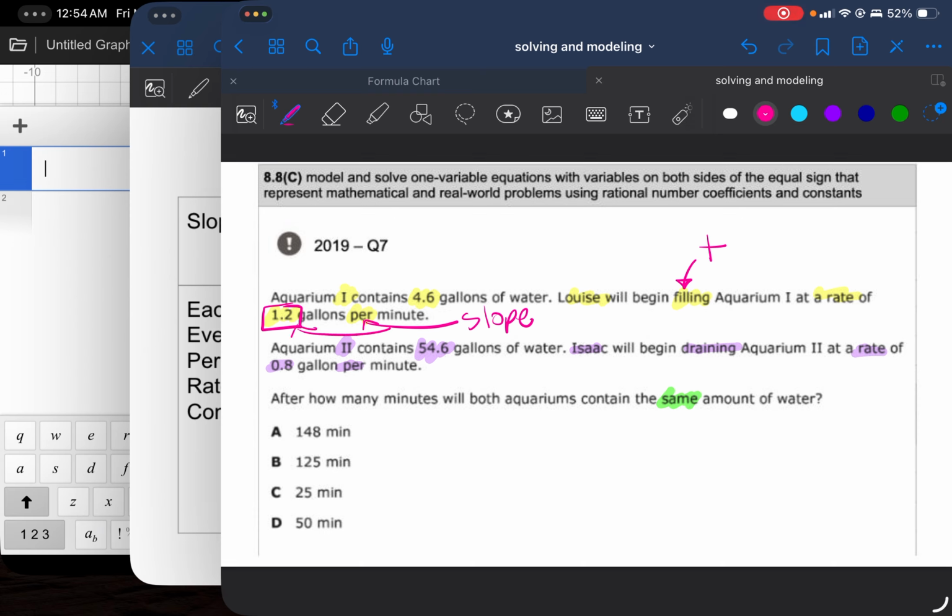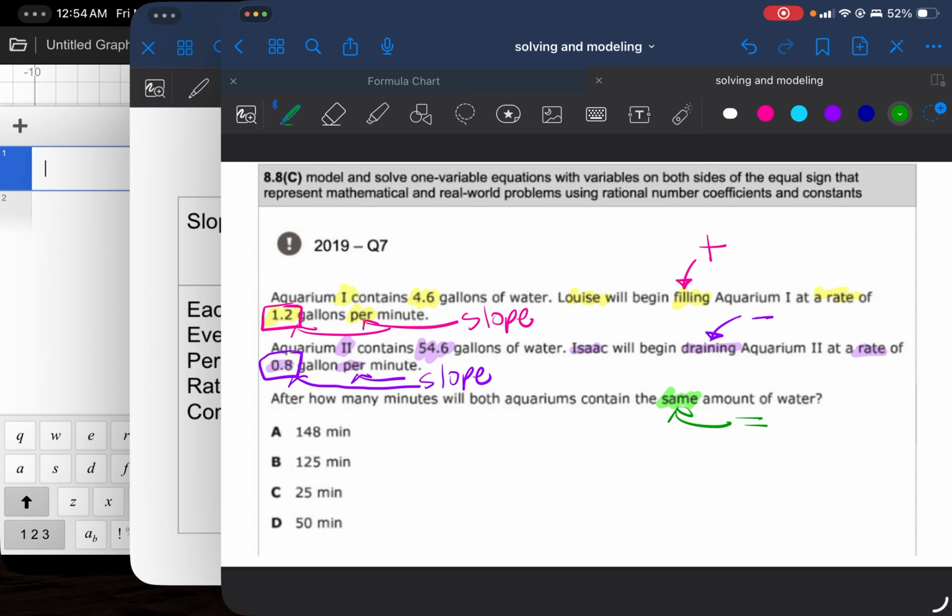In the second sentence or second set, I see the word draining, which indicates minus, and per, which indicates my slope. The number closest to the word per is 0.8, which means this number is my slope. In the question, the word same indicates an equal sign.